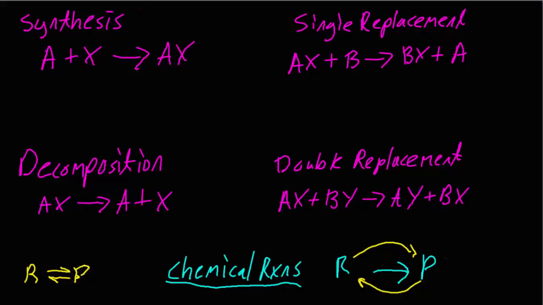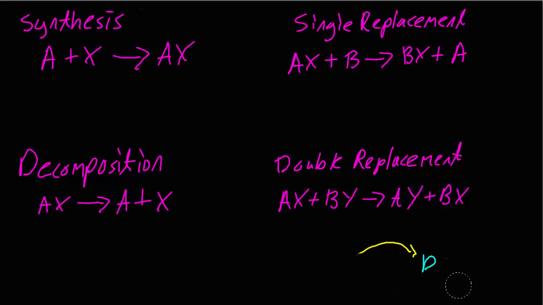With that said, let's jump in and talk about the types of chemical reactions that we have above. I've got 4 things: synthesis, decomposition, single replacement, and double replacement. The truth is, probably 95% of chemical reactions fit into one of these 4 categories.